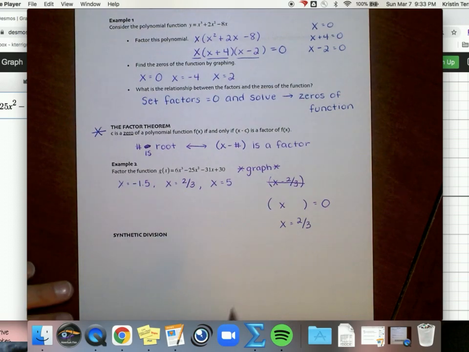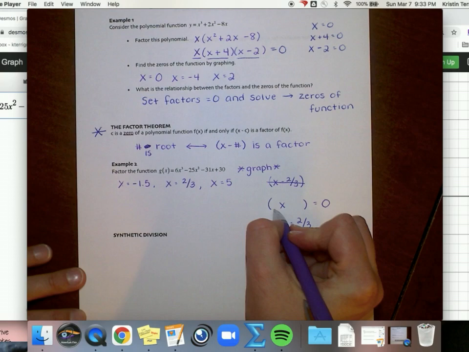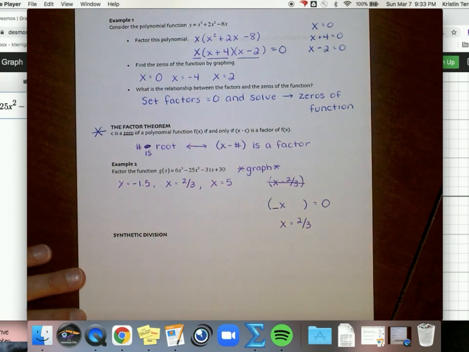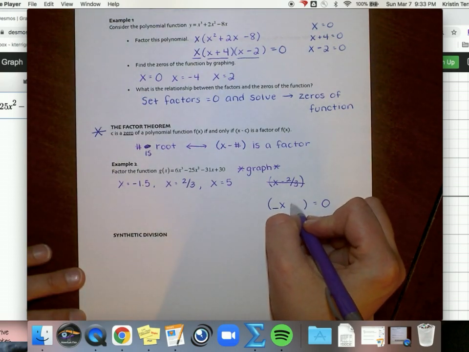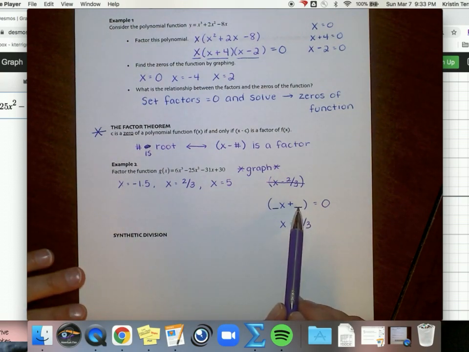Okay, so let's think about what would have to happen here. The first thing that I would do if I was solving something like this, and really here's what I want you to imagine. There's a number here in front of x, and there's a number being added here, and that might actually be a subtraction, but we'll get to that in just a minute. Okay, and I want this answer to come out to be 2/3.